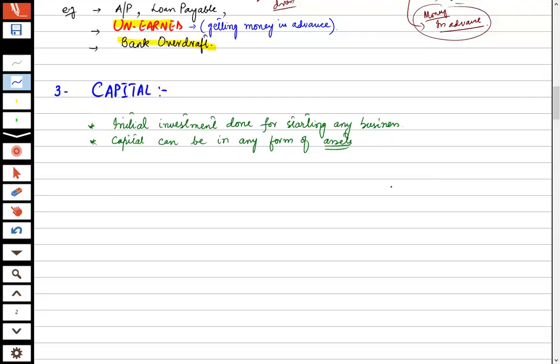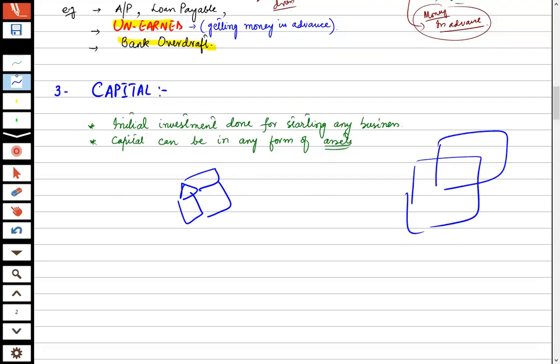Let's suppose this is our home, and this is the business premises, the business structure. One person is sitting at home and he wants to start a business.